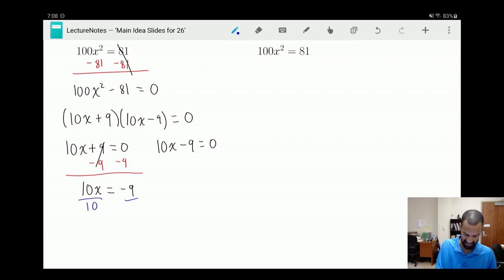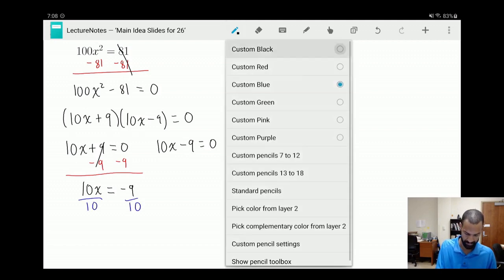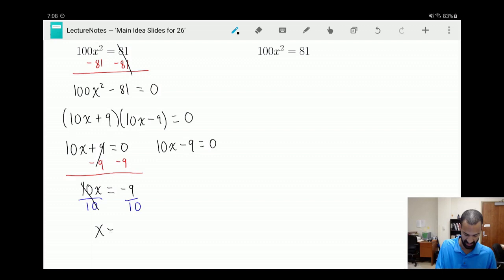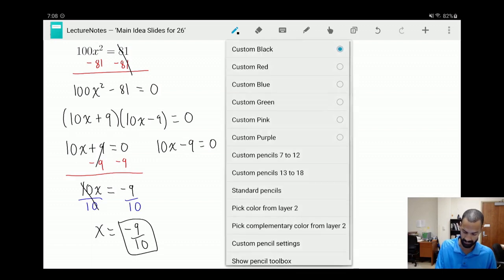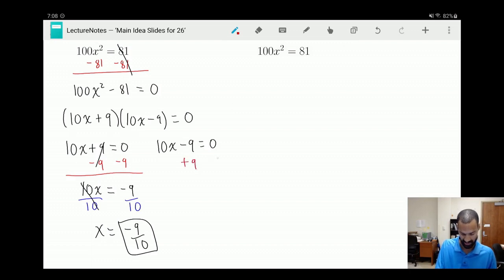Divide both sides by 10. X equals negative 9 over 10. There's my first solution. Add 9 to both sides. 10x equals 9, because 0 plus 9 is 9. Divide both sides by 10. X equals positive 9 over 10.